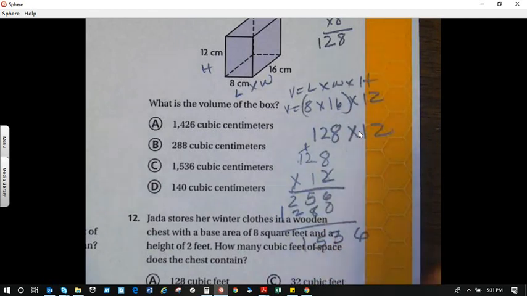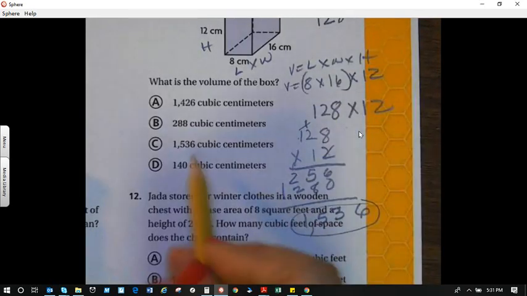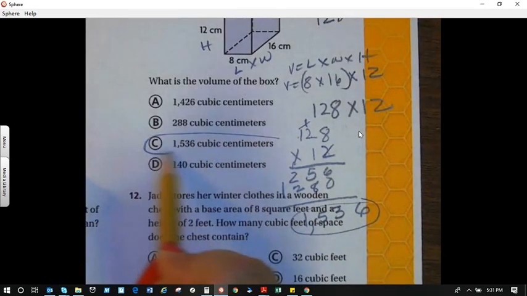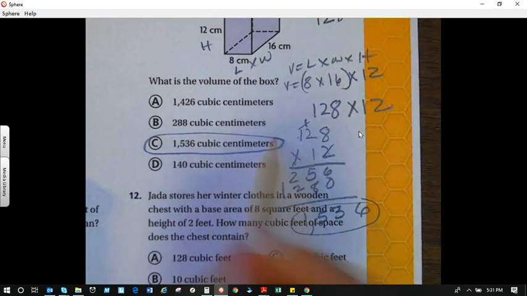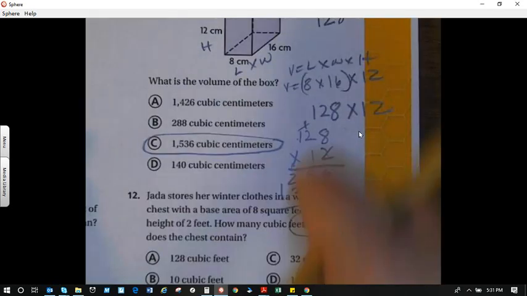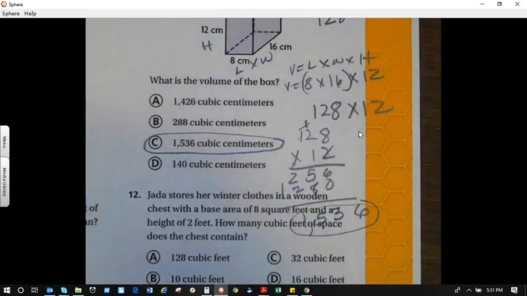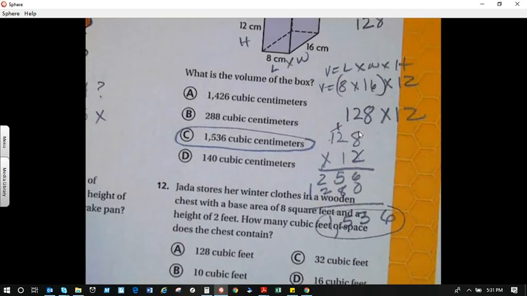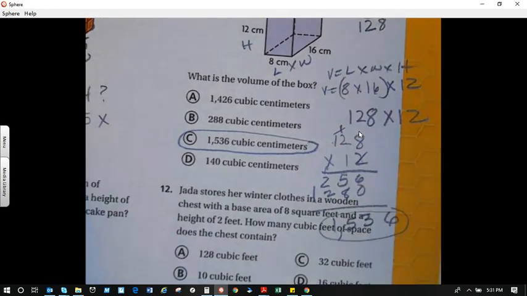And I didn't leave myself any space. So there's my answer if you could see that. So the volume is 1,536 cubic centimeters. Make sure you leave yourself plenty of space. I didn't. I could have actually moved it over here. All right. So you were just multiplying everything out.